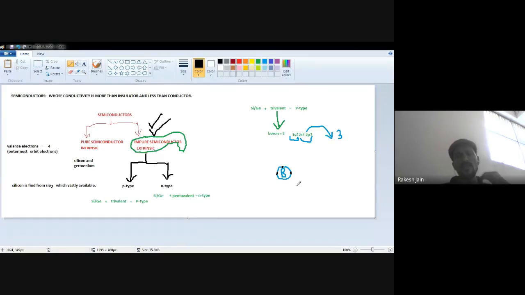Boron consists of 3 electrons. Similarly, we want to mix in silicon. The impurity is boron. So boron is low and silicon is more.